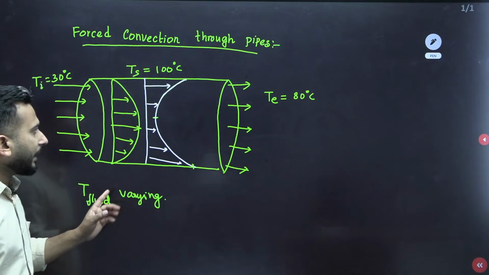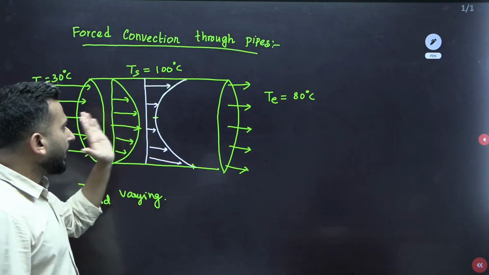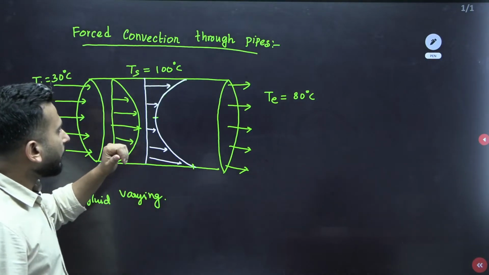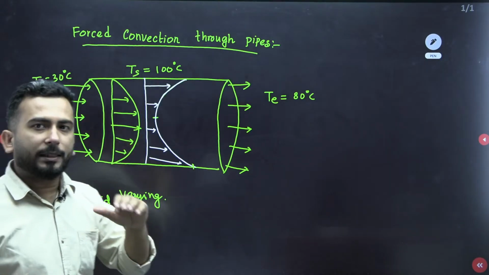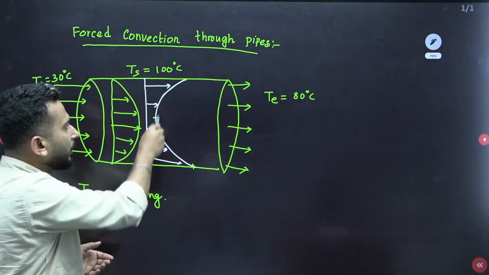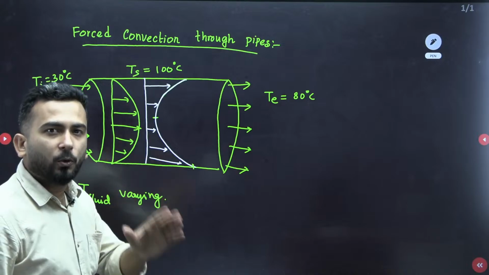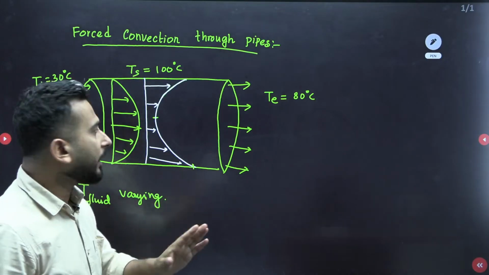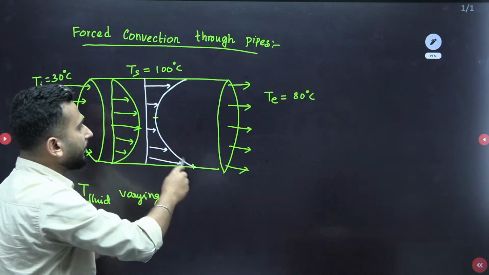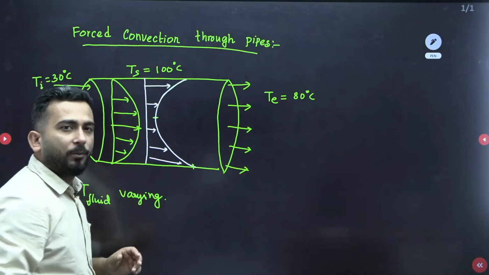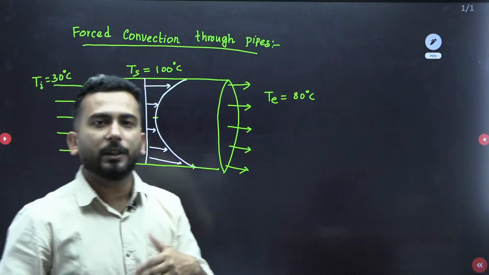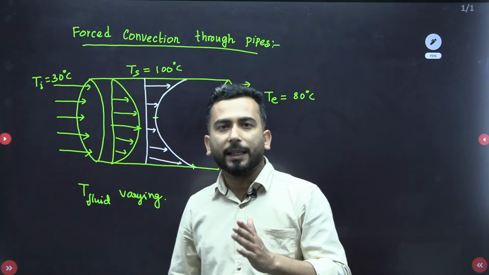So now we know that the temperature of the fluid is varying. Now one issue is there. If someone asks you, at this section where you have drawn the profile, what is the temperature of the fluid, what will you tell? Here the temperature is varying, so if someone asks for one single temperature just for mathematical purposes, we will not be able to say anything.